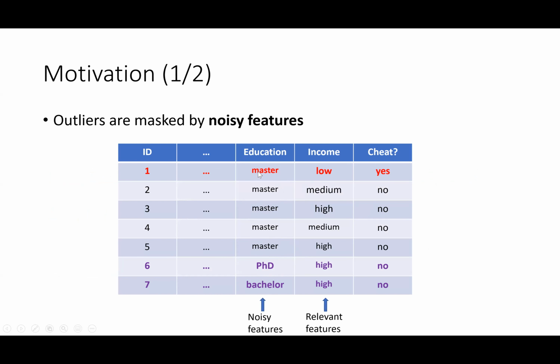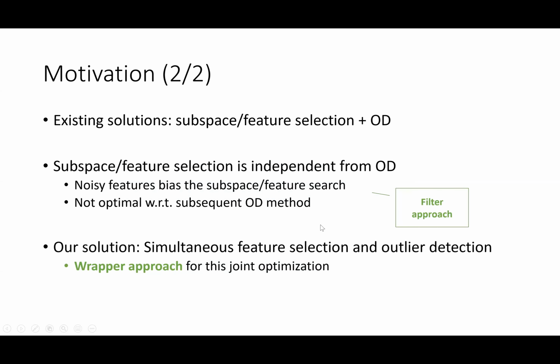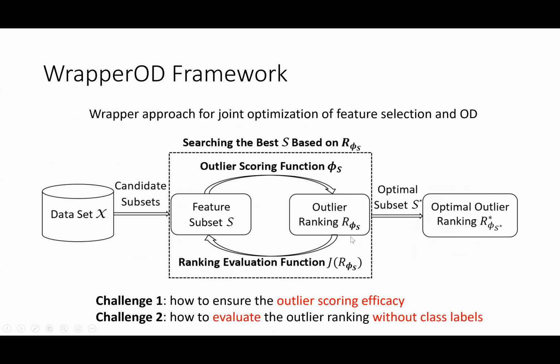But this one looks like a noise feature because it has no clear relation with the cheat. So this is a noise feature, and this is a more relevant feature. When we do feature engineering, we have to consider the relationship and the heterogeneity, which is the thinking of non-IID, to incorporate into the feature selection or feature engineering. So how do we incorporate that?